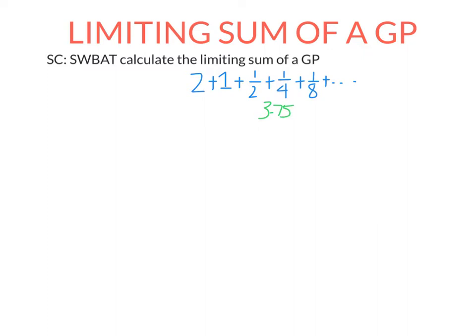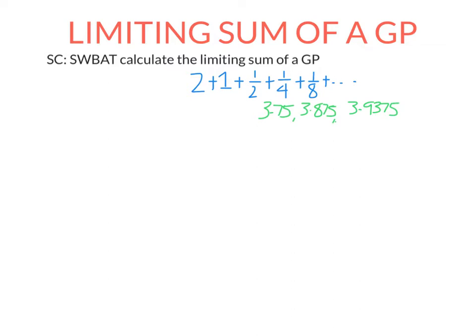So after I add the next term, it's 3.875. After I add the next term, which would be 1/16, I would get 3.9375, and so on. So this is the sum of the first four terms, 5 terms, and 6 terms.